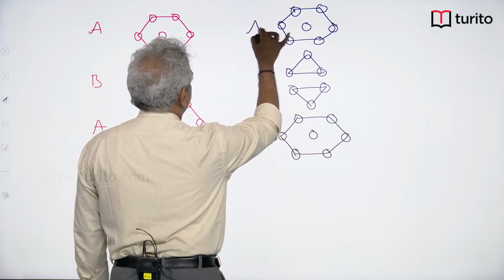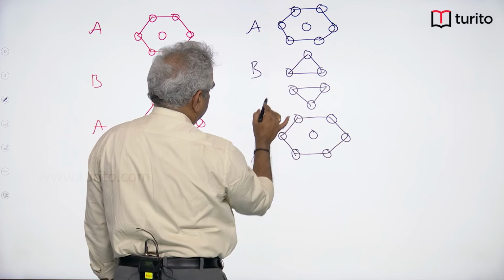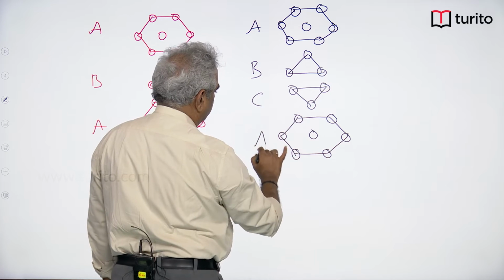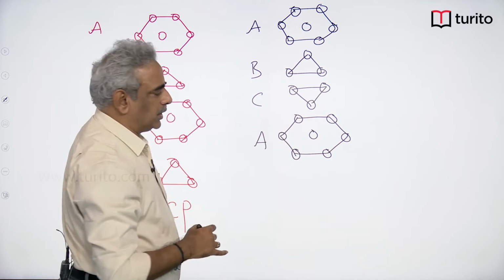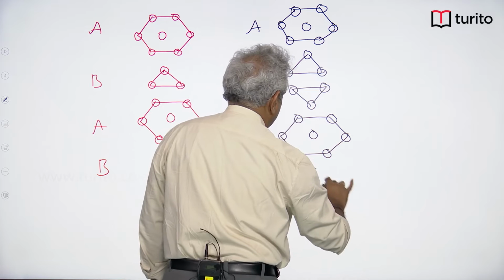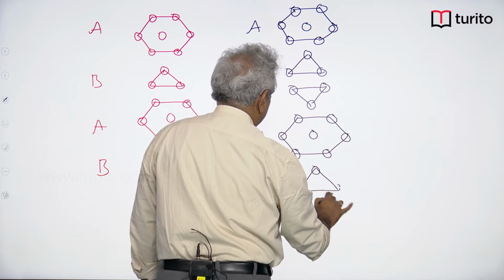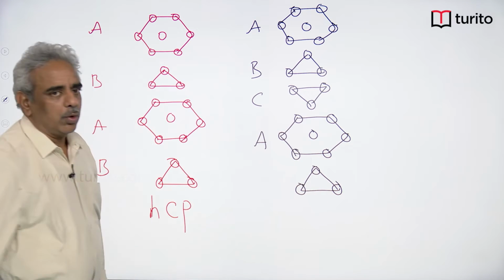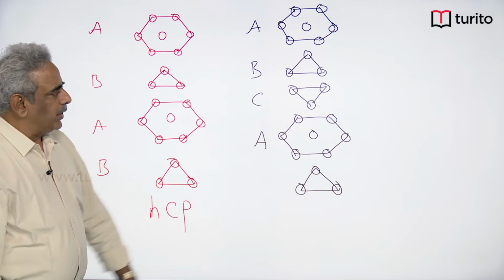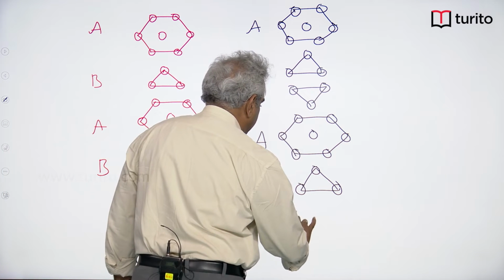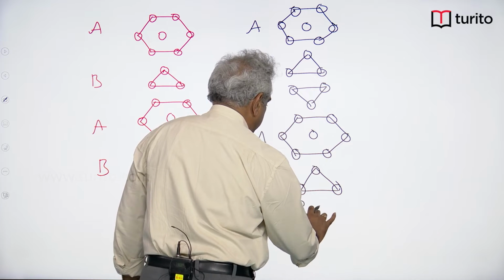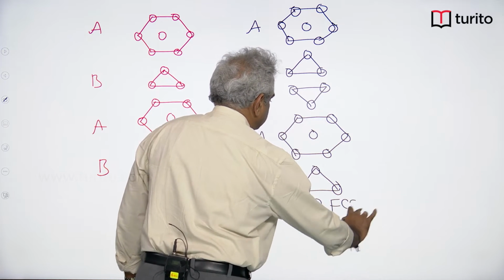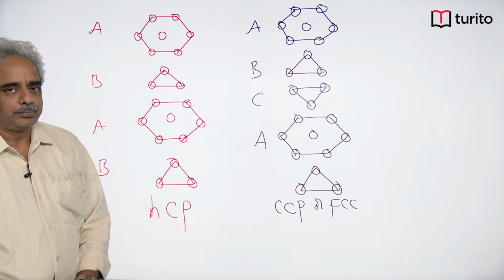This is A, B, C, again A, the fourth one is a repetition of the first one, and again you will be having B repeating like this, it keeps on going like this. This kind of arrangement we called the other day CCP arrangement or FCC, face centered cubic.